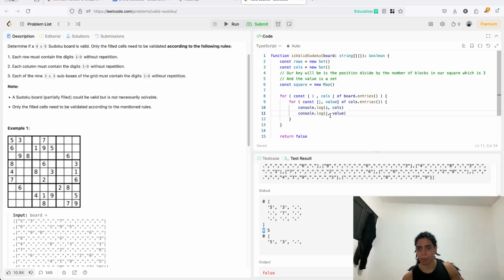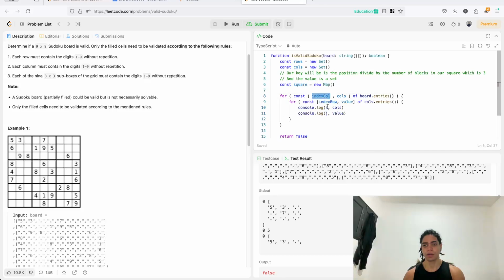Okay, we can say index column, index row, as a way to identify this.